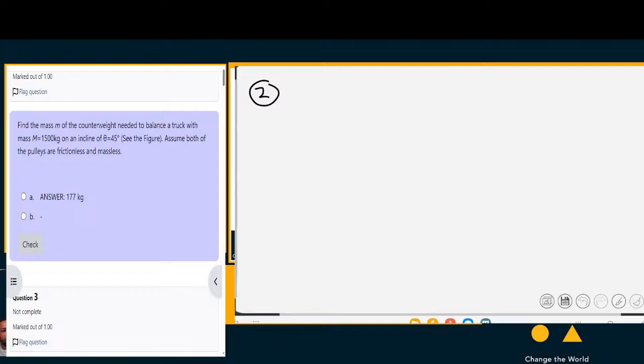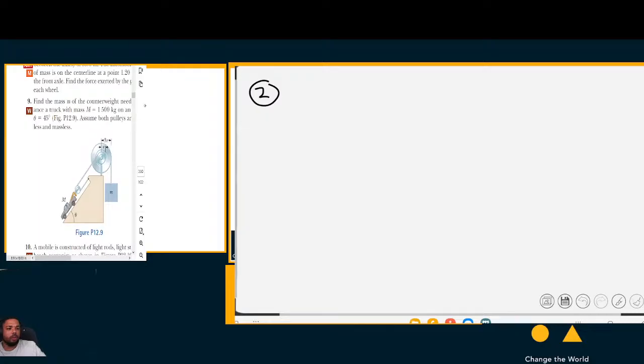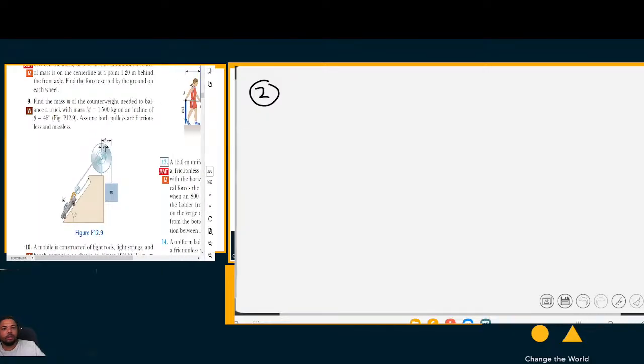Let me just try and show you what I am looking at. That is the problem there. Just ignore everything else. I just want you to look at the image. I want to make it smaller so it fits there.